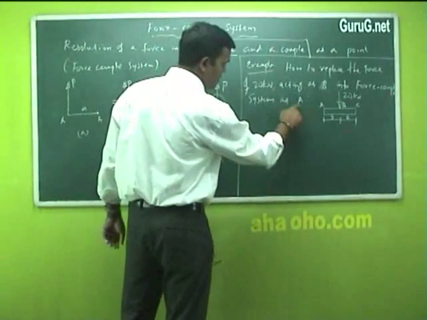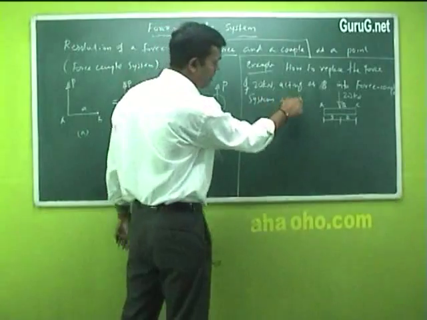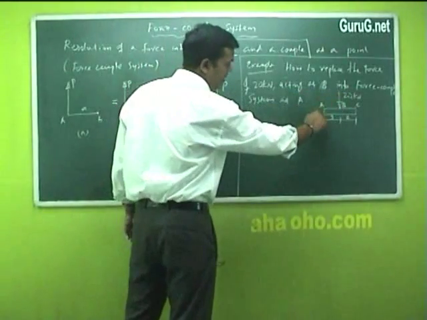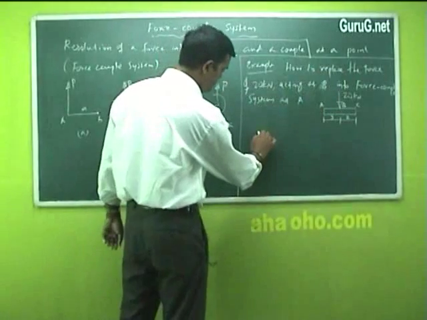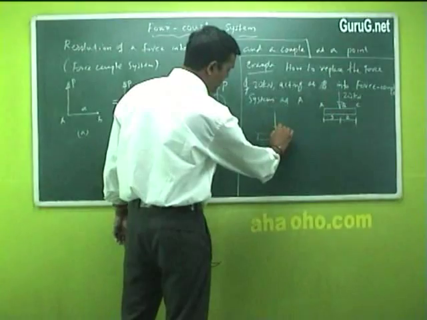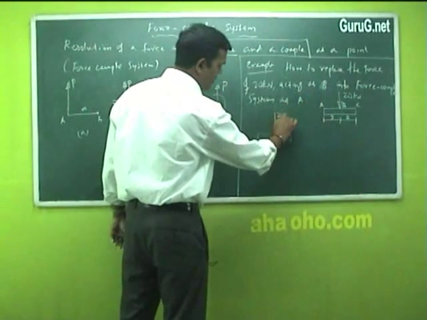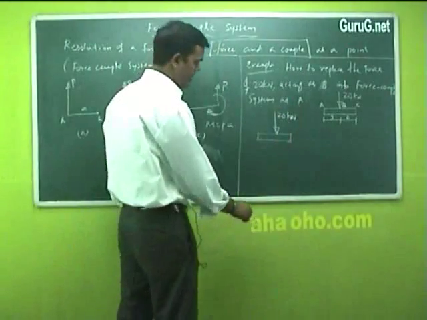When it is asked that the couple system is to be made at point A, not at point C, because we have two points A and C also, and at point B only the force is acting. So I'll just take the force here. We will have to keep the 20 kilonewton as it is, right?